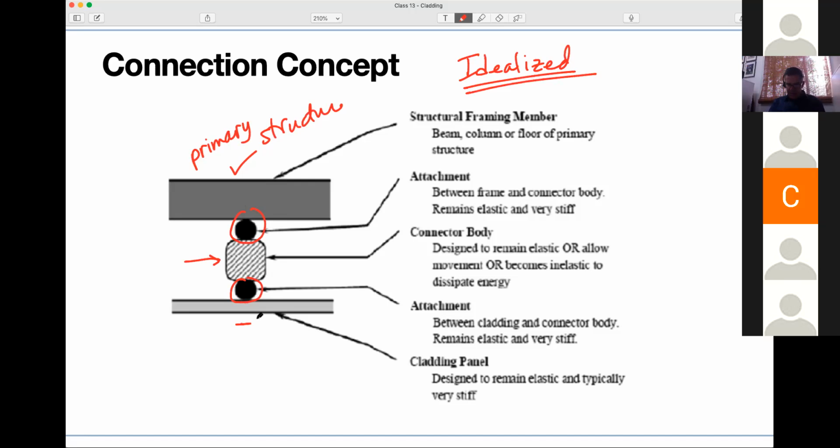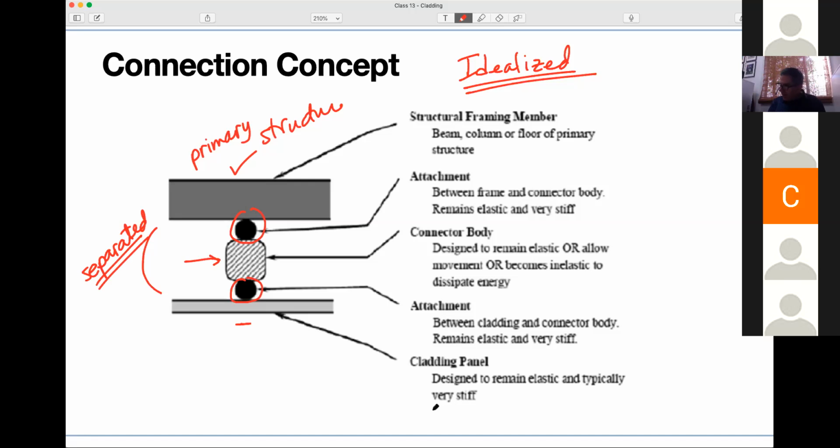Some of the highlights here: we want these separated, physically, obviously. So we've got these things separated. And we talk about pounding, the contact that occurred.